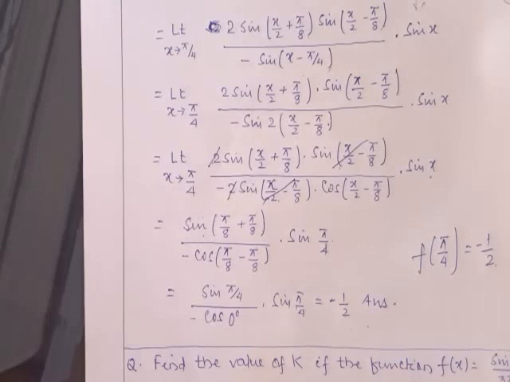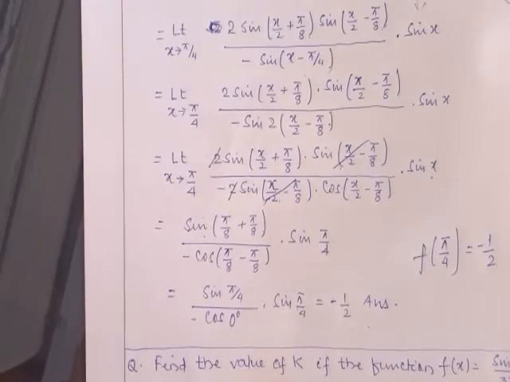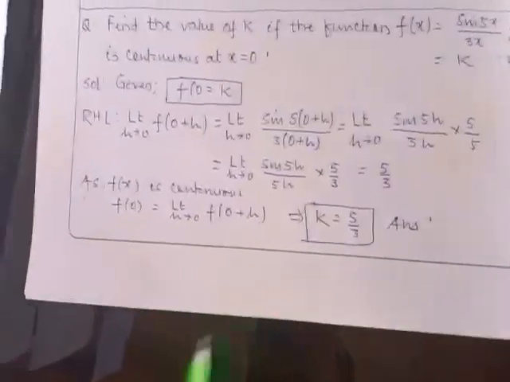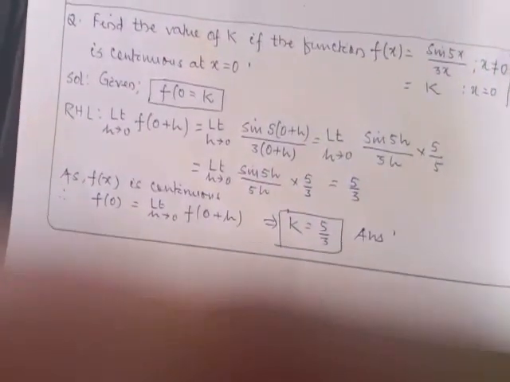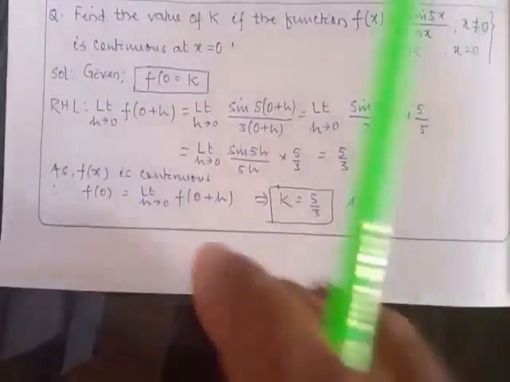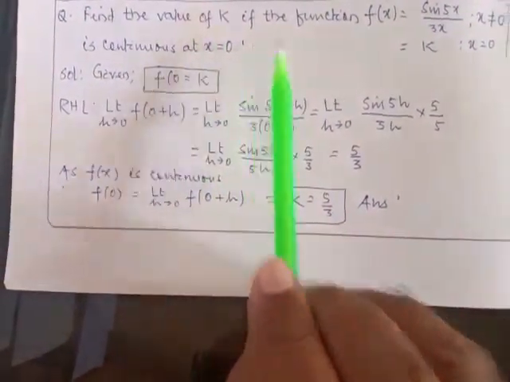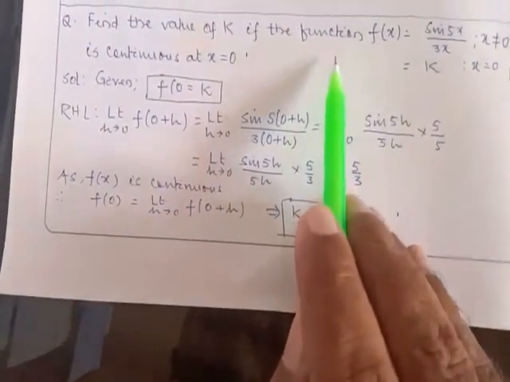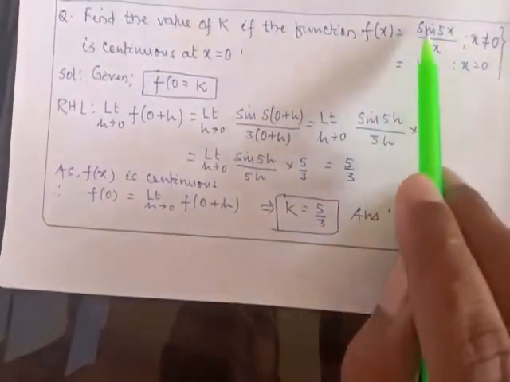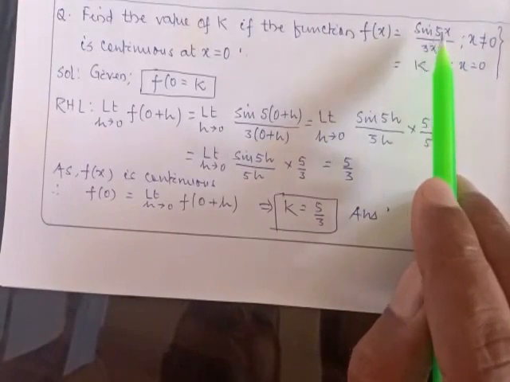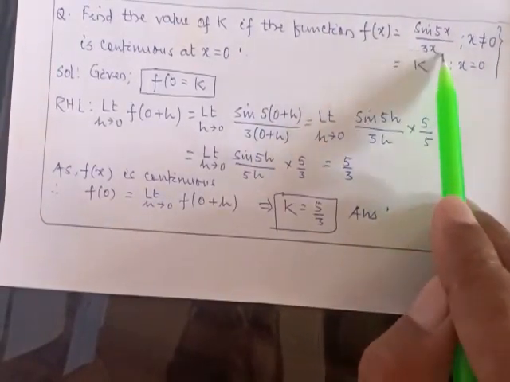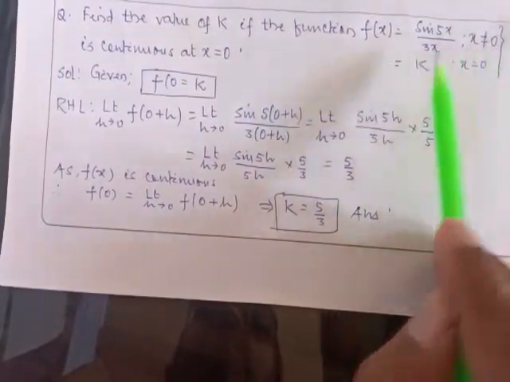Now see students, another question. First understand the question. Find the value of k if the function f(x) = sin 5x by 3x when x is not equal to 0, and is equal to k when x is equal to 0, is continuous at x equal to 0.